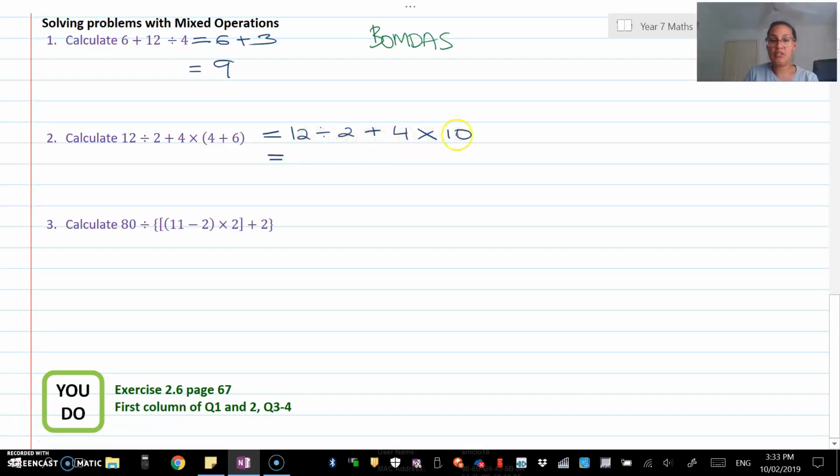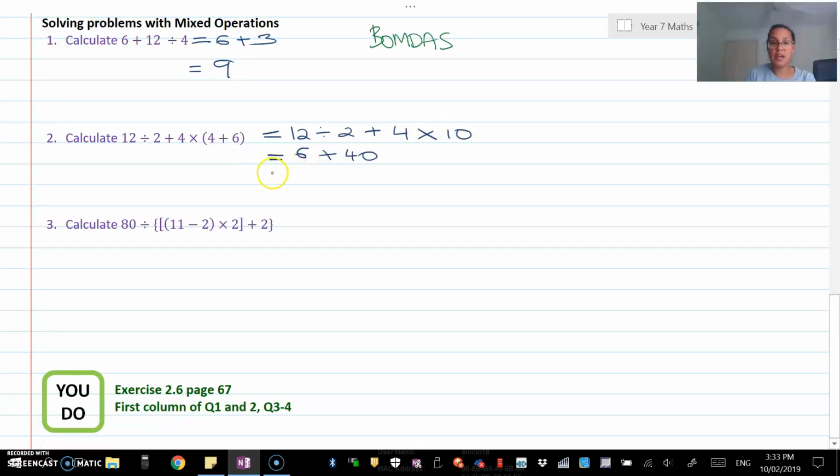Now I'm going to be looking for my orders and powers, which I don't have any of, then my multiplication and division. So with that there, I am going to do them left to right. So there's 12 divided by 2, and that is 6, plus 4 times 10 is 40.